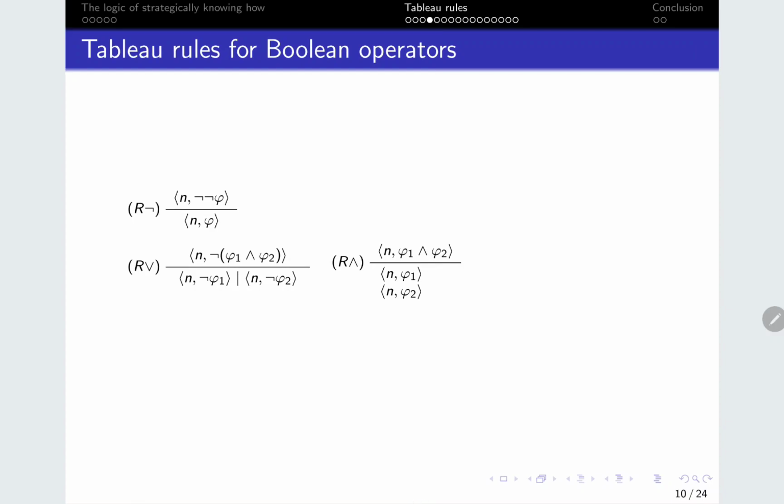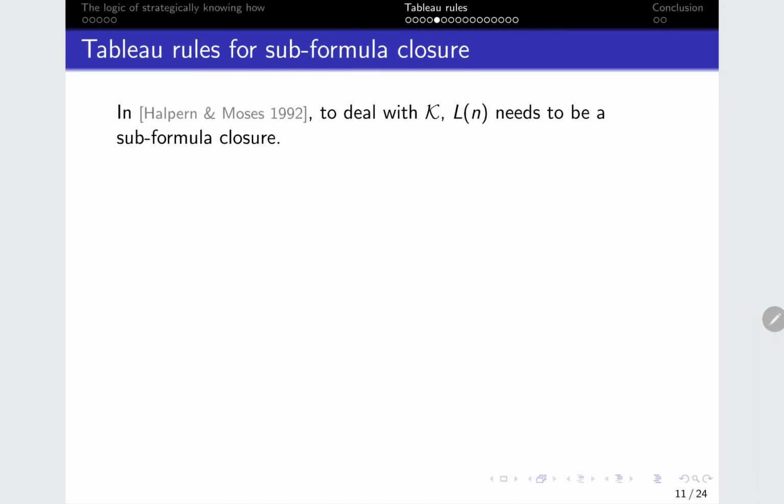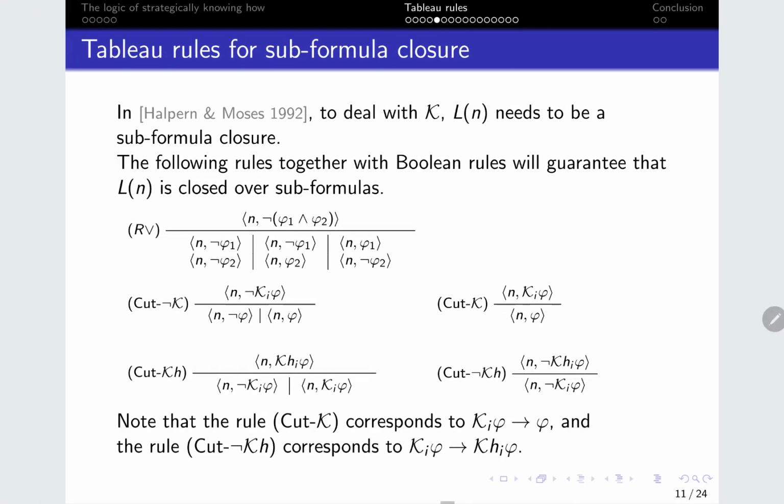So first we have the Tableau rules for Boolean operators. These are normal, and also to deal with the know-that modalities, we need to require that the formulas labeled on nodes be a subformula closure. So to get this subformula closure property, we need these rules.